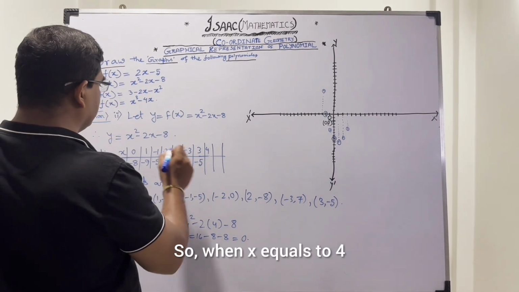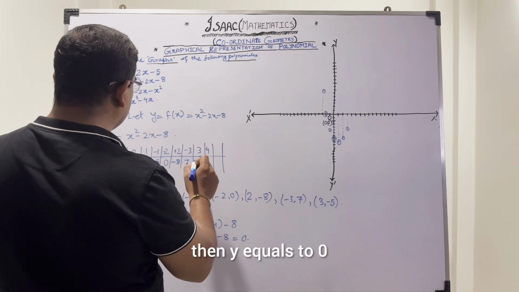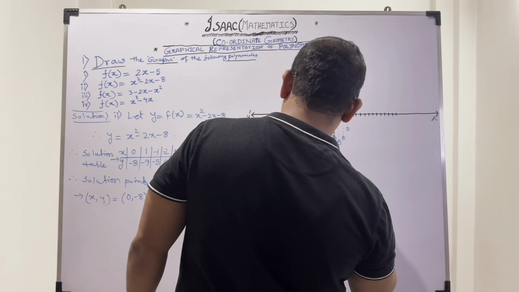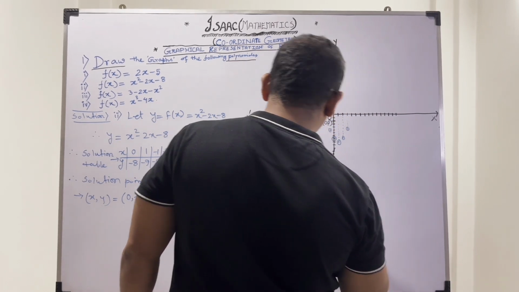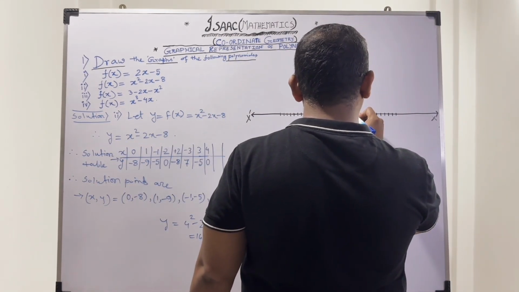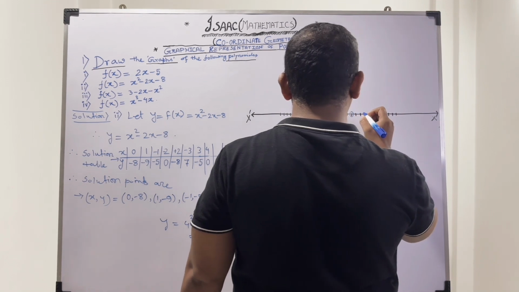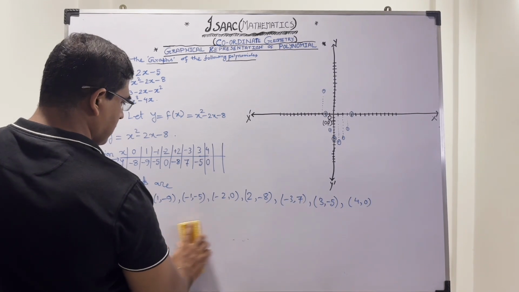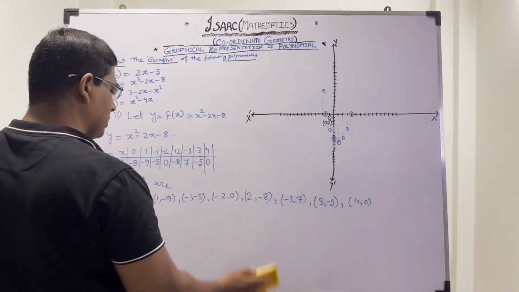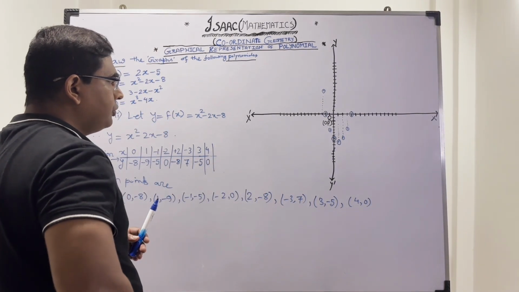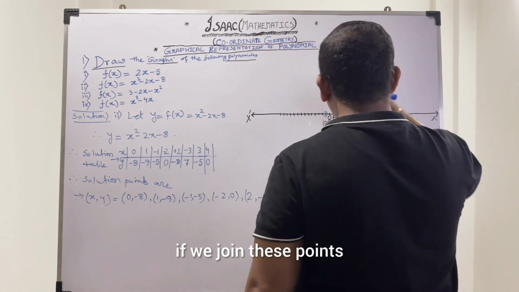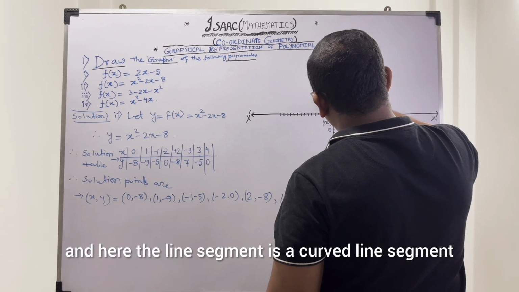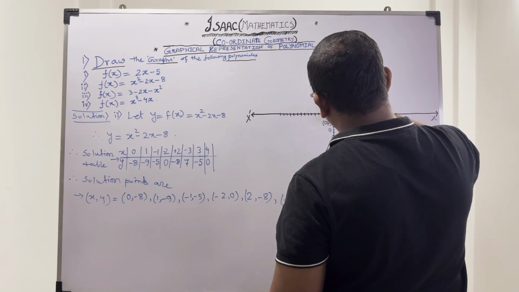So when x equals to 4, then y equals to 0. Now, if we join these points by line segments, and here the line segment is a curved line segment.